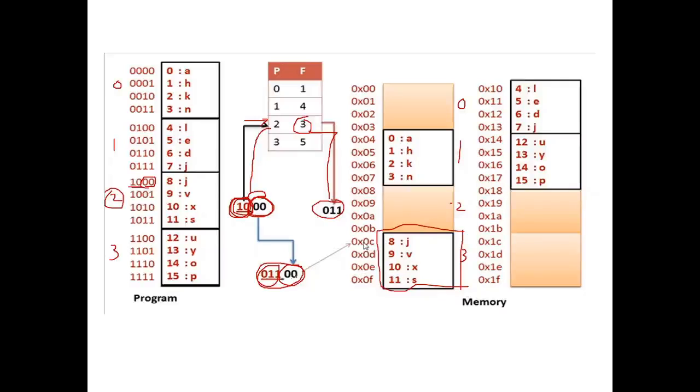When you add these together, a physical address will be generated, and then the CPU can execute this page. In this way the logical address is translated into a physical address. First the CPU gives the page number and instruction number, and then the instruction number is added with the frame number, and the physical address is generated.